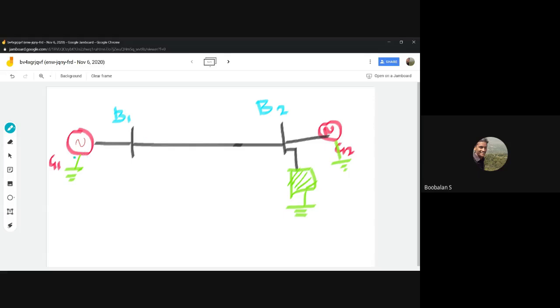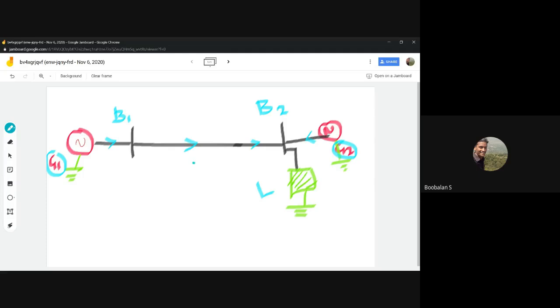We have two generators, G1 and G2, a load, and bus 1 and bus 2. The black line denotes my transmission. The power generated from G1 travels through bus number 1 and reaches the load. In the same way, G2 also generates power and satisfies the load demand.